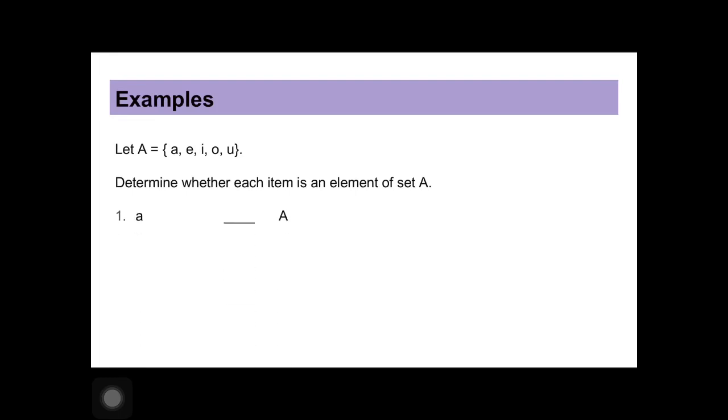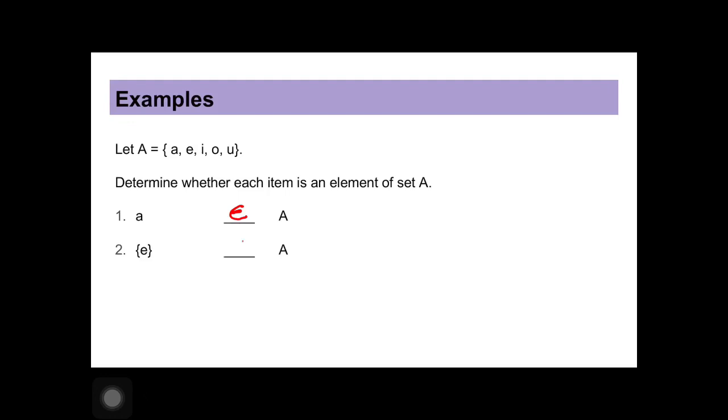Next, go on for the examples. Let A is equal to {A, E, I, O, U}. So this one is actually the vowels of the English alphabet. Now, determine whether each item is an element of set A. Number 1, A is an element of A or is it not an element of A? In here, the answer would be it is an element. Number 2, {E} enclosed with a brace is an element or not an element of A?